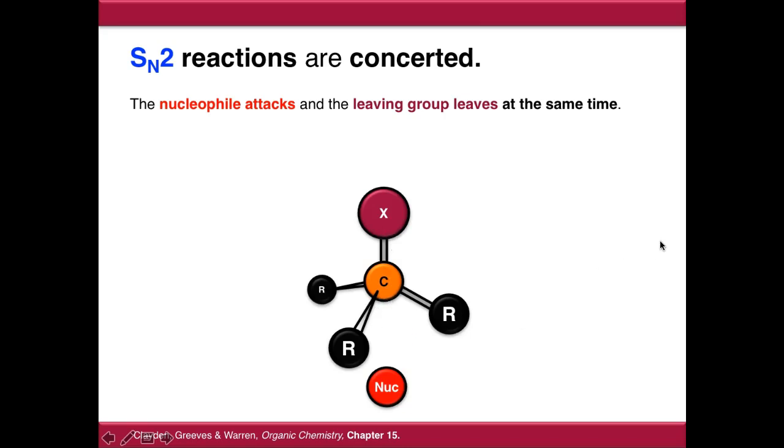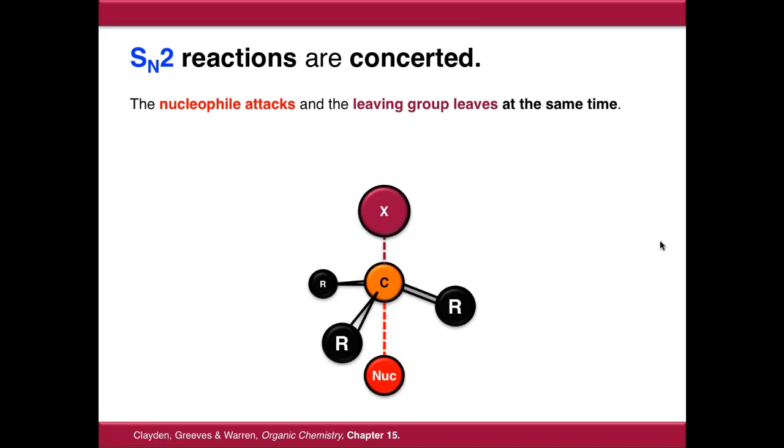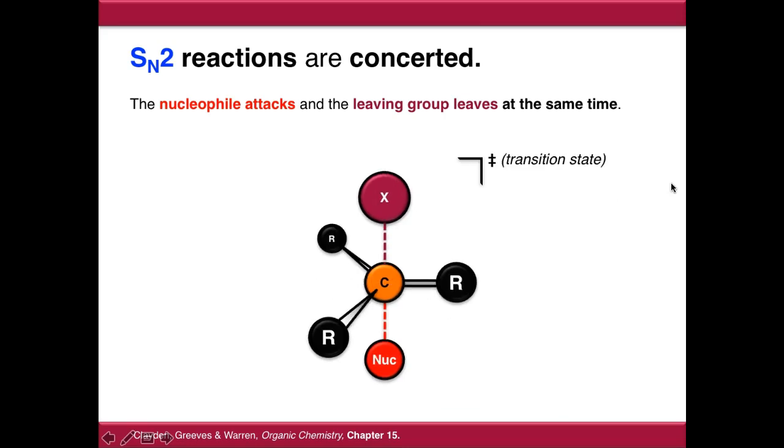So if we follow this through, the nucleophile approaches the back face of this carbon leaving group bond, and as the nucleophile starts to push electron density into the antibonding orbital, the CX bond gets longer, it gets weaker. So eventually we come to a transition state which is halfway between the nucleophile attacking and the leaving group leaving.